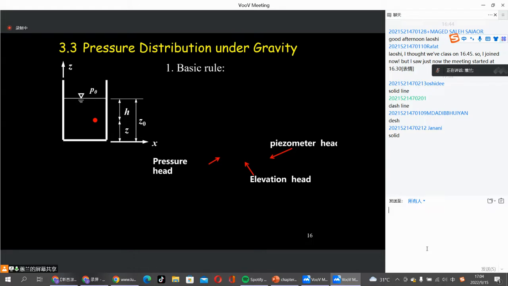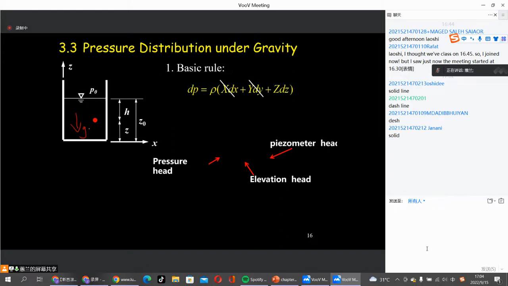So under gravity, the pressure distribution will be like what? It's easy. We know the basic rule is the Euler equilibrium equation, right? Because the gravity force is downward, in the z direction, we only have g. Well, g is the body force per unit mass, the acceleration, the gravity force per unit mass.